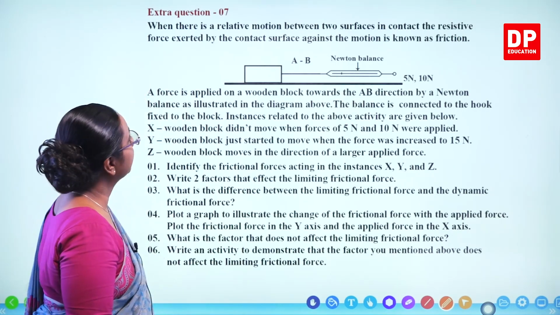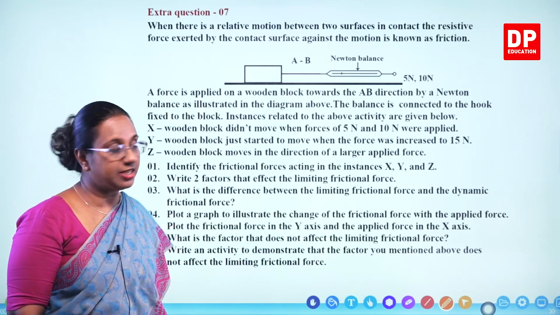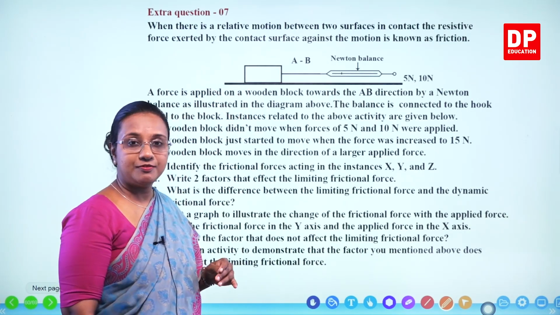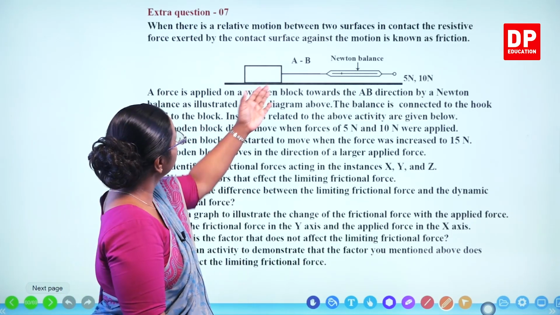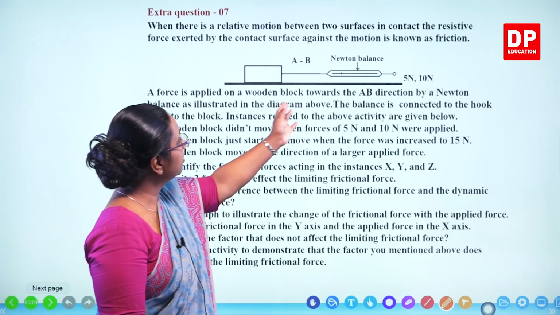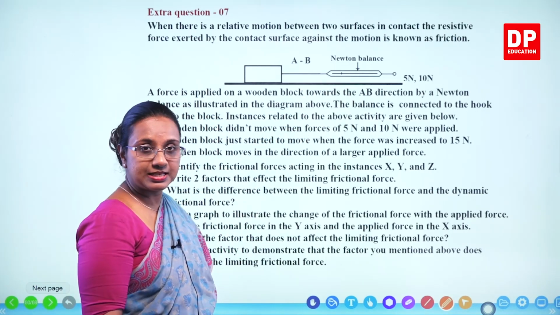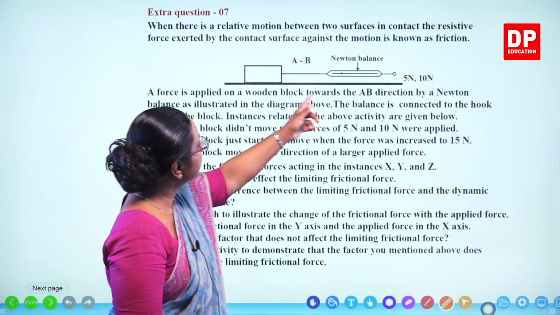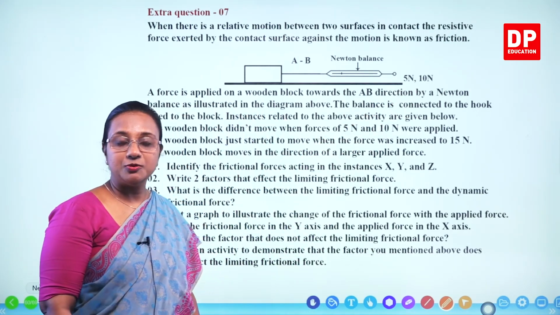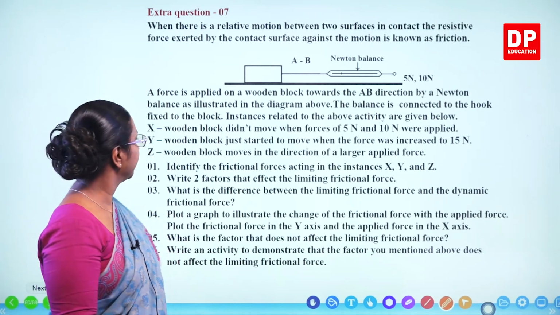So here they have explained what friction is, and there is a diagram given to you. Now you are very familiar with this diagram. A wooden block is attached to a twine, and to that a Newton balance is connected. And here they mention two different forces, 5 Newton and 10 Newton.